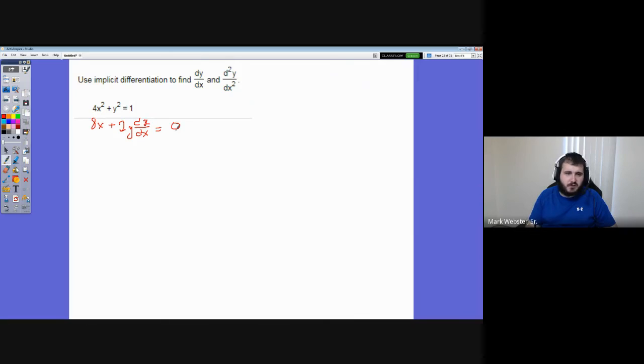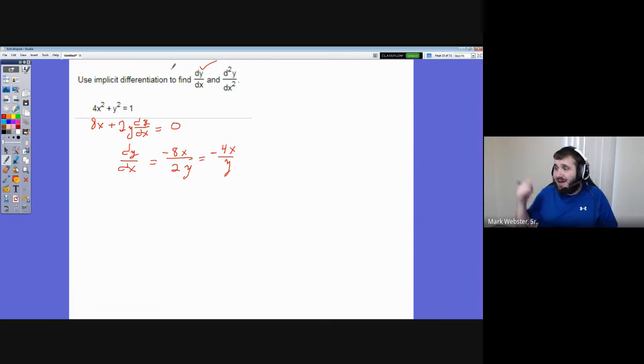Subtract the 8x, divide by 2y. And you're going to want to rewrite this as this. So here's our dy over dx. That's step 1, check. Now we've got to do d squared y over dx squared.